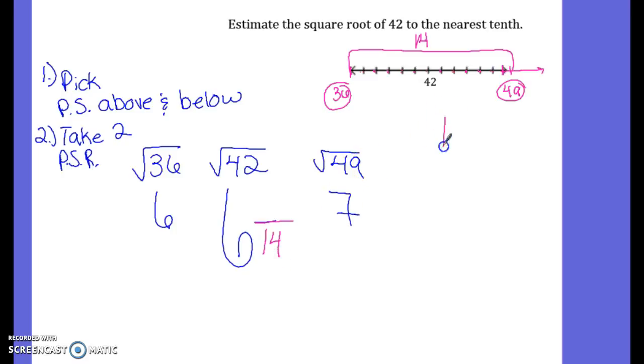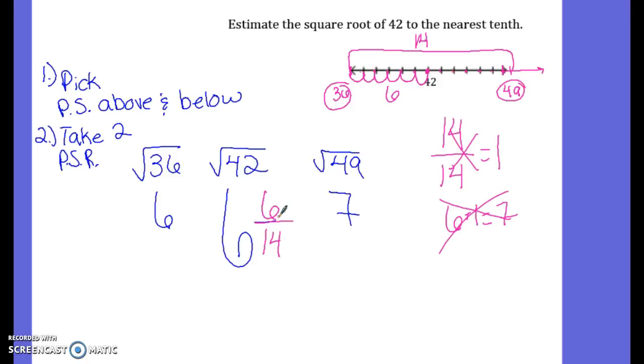No, because if I went 14 out of 14 spaces, that'd be 1, and I'd be at 6 plus 1, which is 7. And that's not right. I didn't go all 14 to 42. I only went 1, 2, 3, 4, 5, 6 out of the 14 spaces. So 6 and 6 out of the 14 spaces from perfect square to perfect square.